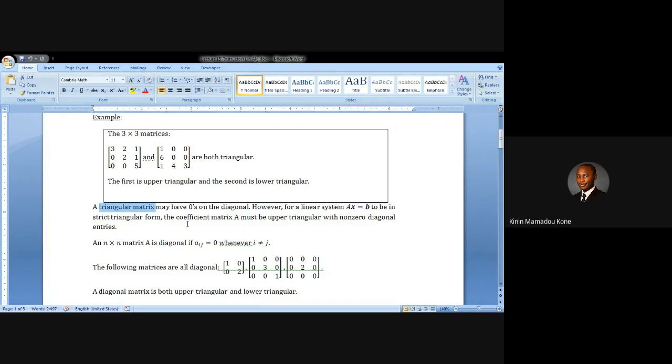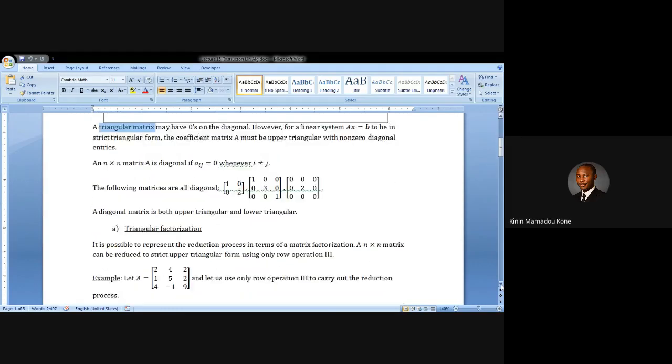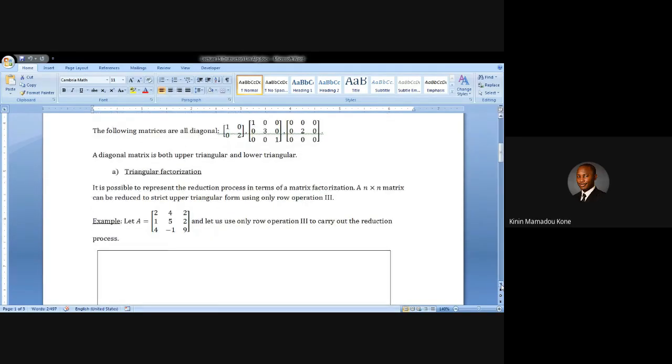So an n by n matrix A is diagonal if the a_ij entries equal 0 whenever i is not equal to j. Here we have the following matrices. A diagonal matrix is both upper and lower triangular.